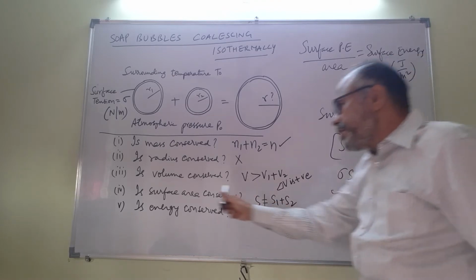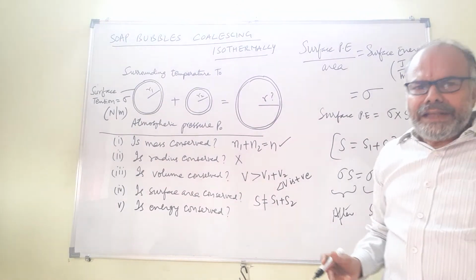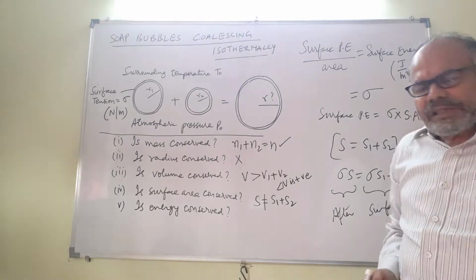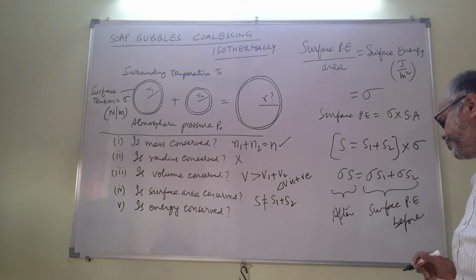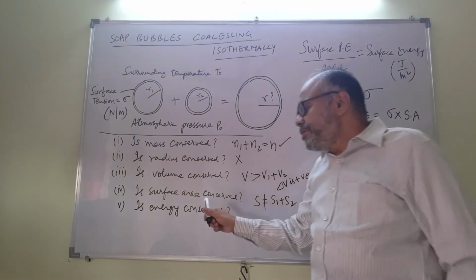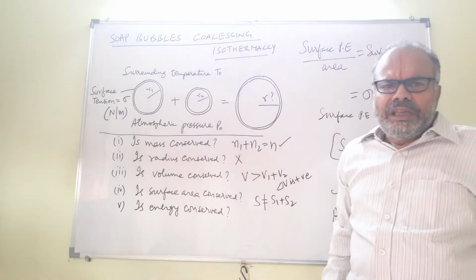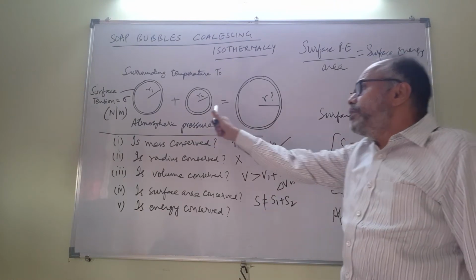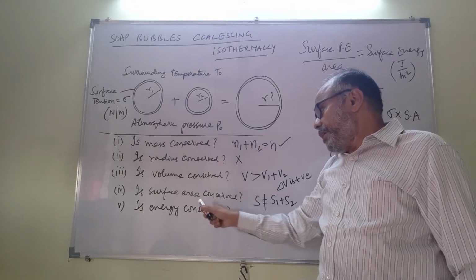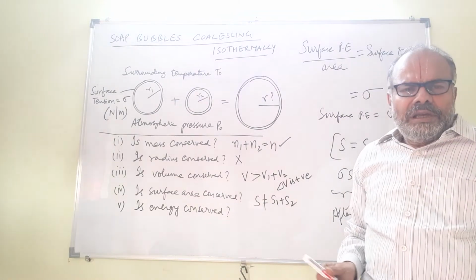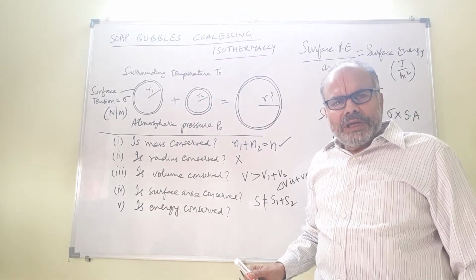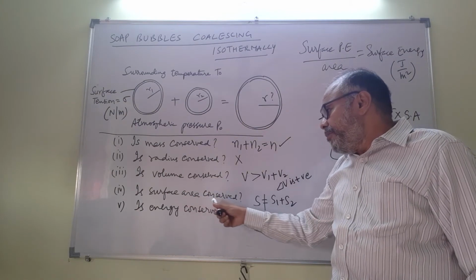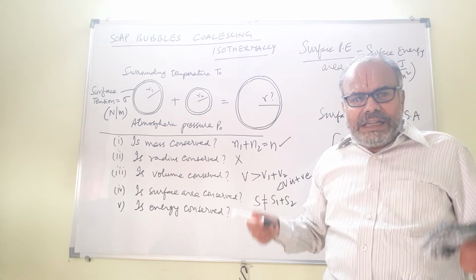So, when you say the surface area is conserved, indirectly you are saying that the surface potential energy is conserved. As we shall see, it will not be conserved. In fact, there is only one special case where it is conserved: when the bubbles coalesce in vacuum. Otherwise, the surface area and the surface potential energy will decrease.